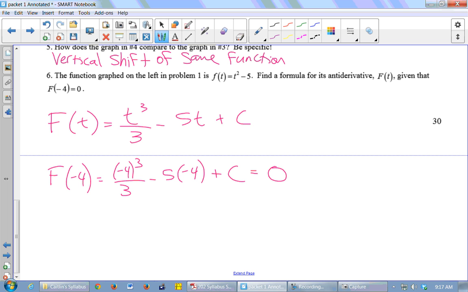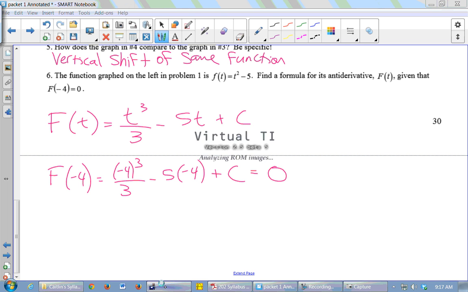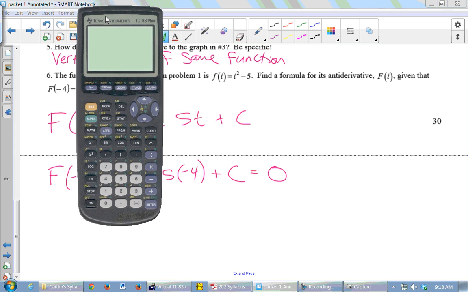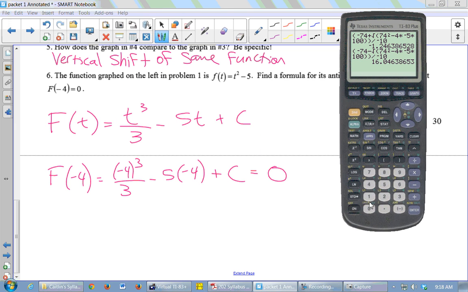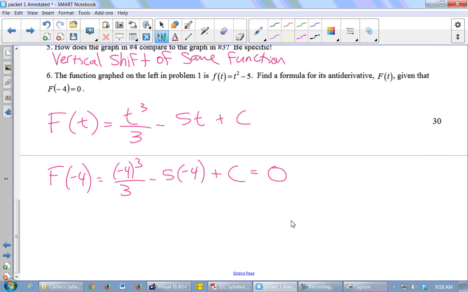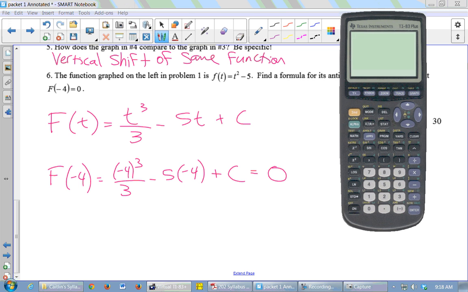Okay, so 4 cubed, I think that's 64. I think I'm going to need a calculator. So negative 4/3.